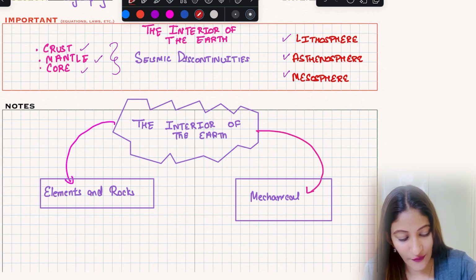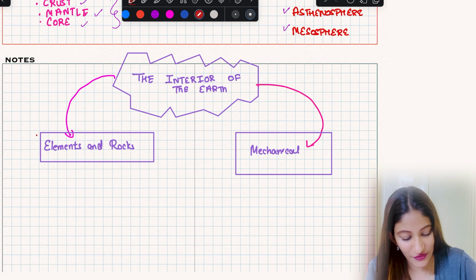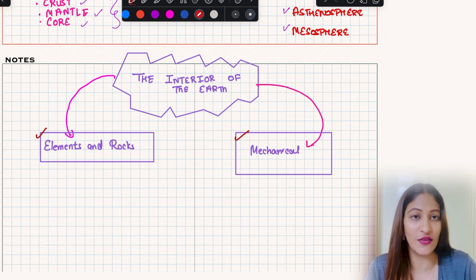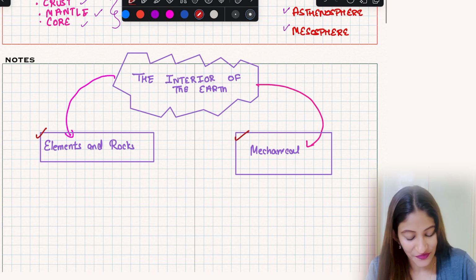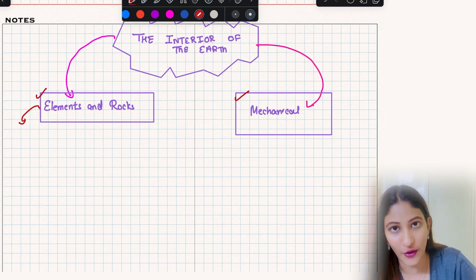As you can see, I have already written how the interior of the earth is divided. There are two divisions: one on the basis of elements and rocks, and the other on the basis of mechanical actions. So elements and rocks refer to the kind of elements generally found in the interior of the earth.